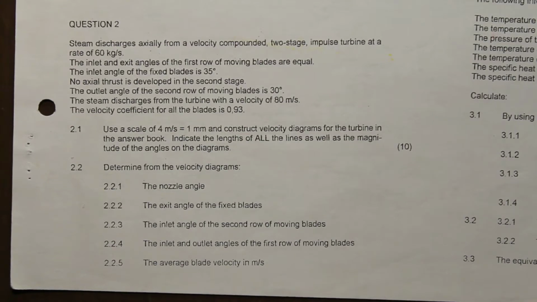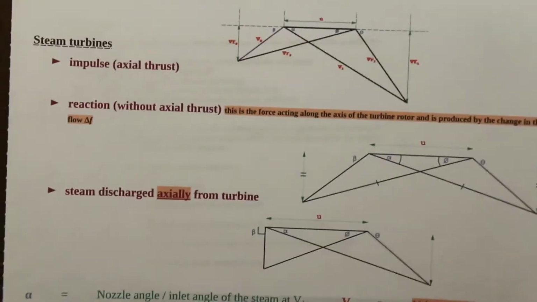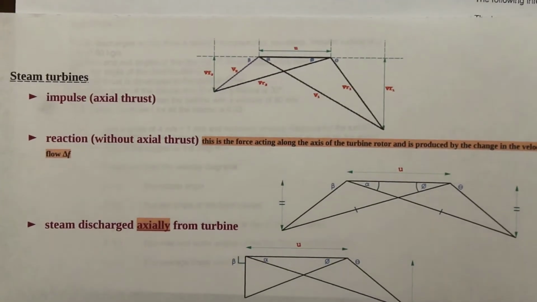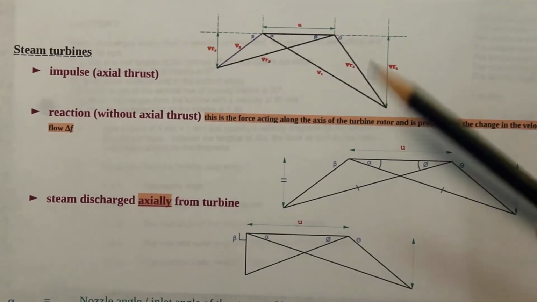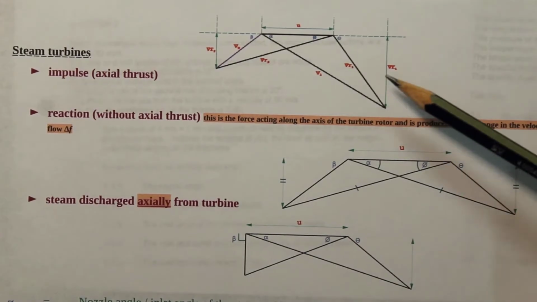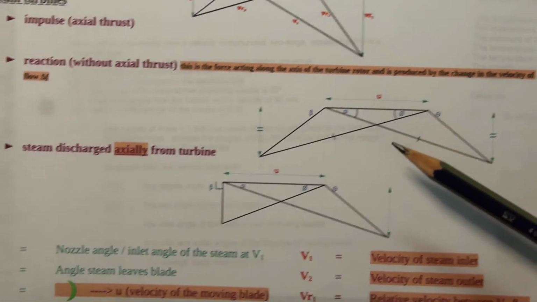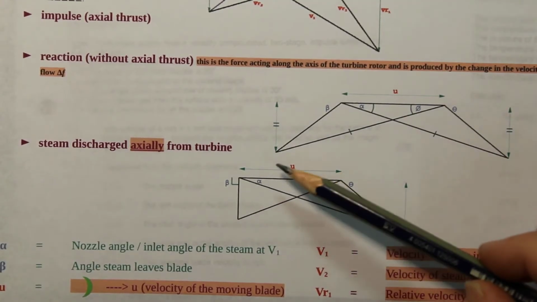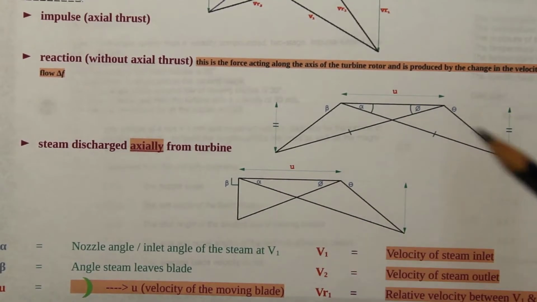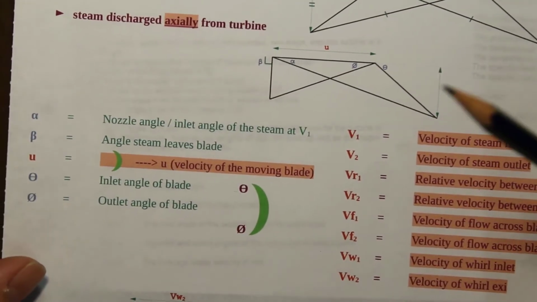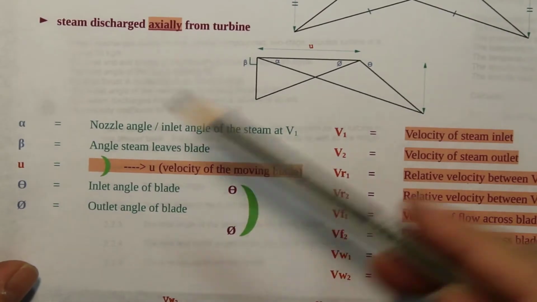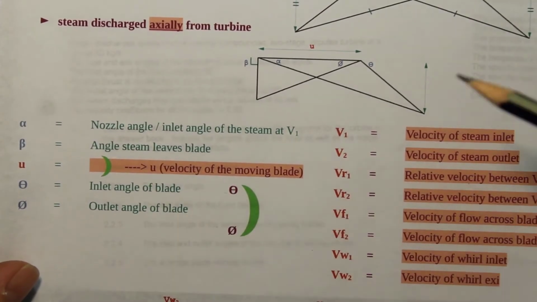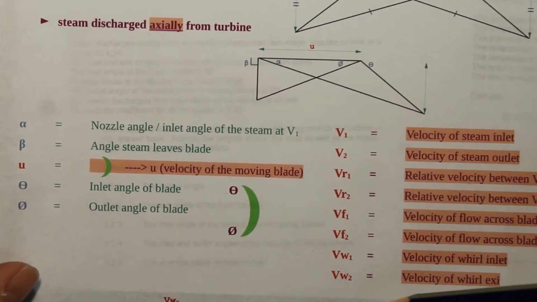Okay, so before we begin, like I said earlier, this sheet shows what an impulse turbine usually looks like, and a reaction turbine, and what it looks like when the steam is discharged axially from the turbine. That sheet we need to look at, and we need to know what all the different angles are and what the different velocities are.